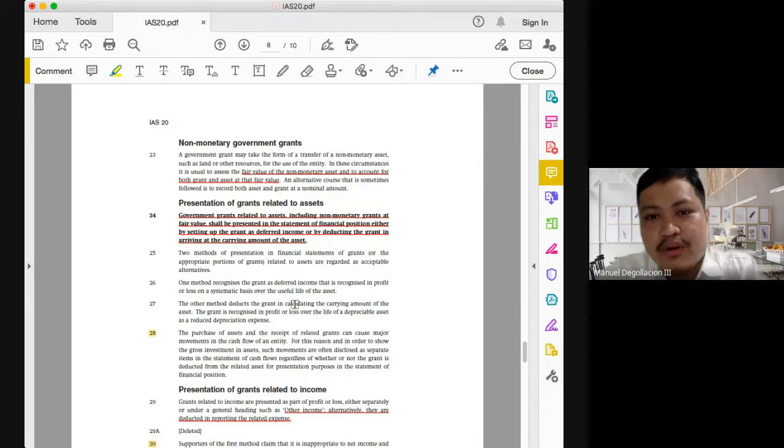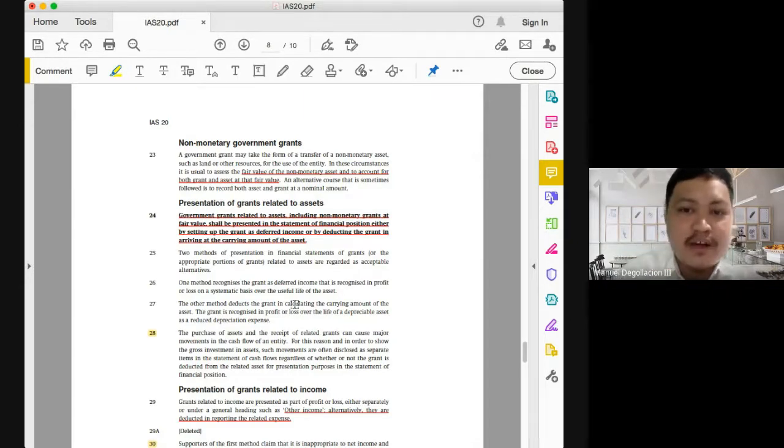So for example, in our previous example, let's say the building is worth 20 million, the grant is 10 million. As a rule, class, the carrying amount of your building should be the cost of construction. So if the cost of construction is 20 million, as a rule following PAS 16, then the building should be reported at 20 million.